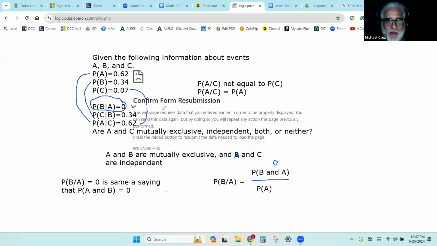So that's why that with a check mark is the same as this, and that's what I have in my notes: the probability of B and A is 0, and that tells you about the mutual exclusivity. The only way this is going to be 0 is if this is 0 up there, because you can't have a 0 down here since it's undefined. Then the whole thing would be 0, which is what they're telling you.